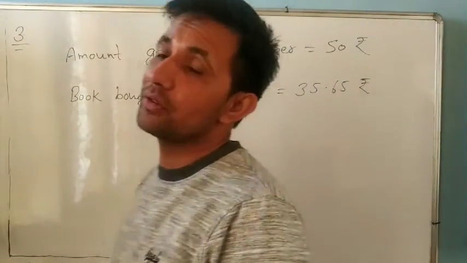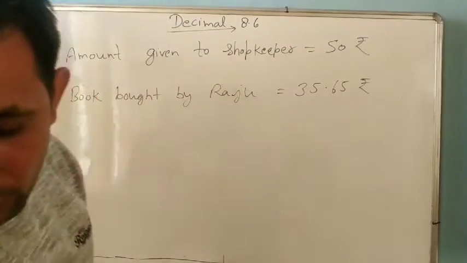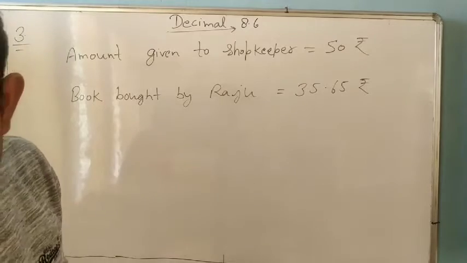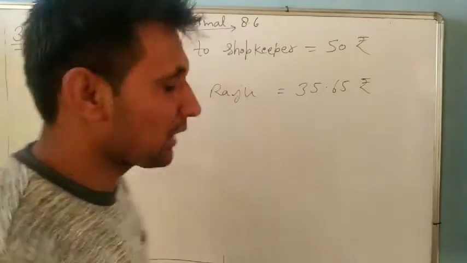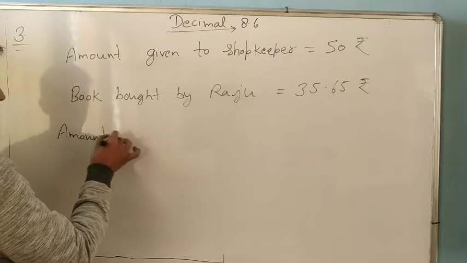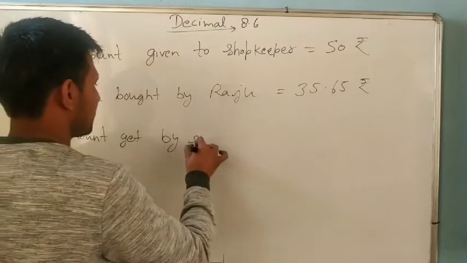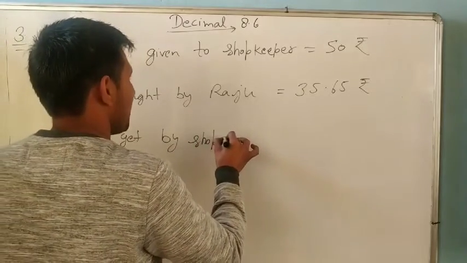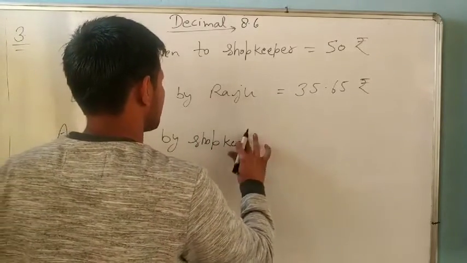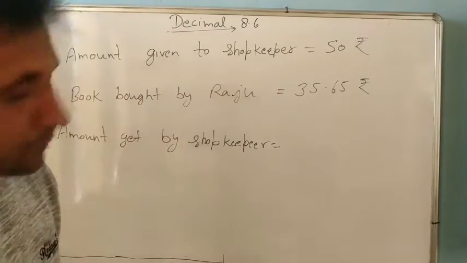Tell me, you have 50 rupees and you bought a book for 35 rupees. So how many rupees remain? So total rupees minus cost of book. Understand? So we have to find how much money he got back from the shopkeeper. So amount get by shopkeeper. How much amount will he get?